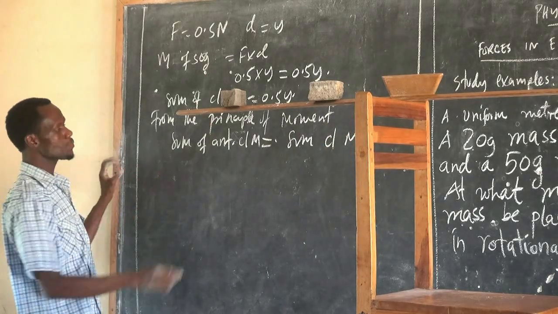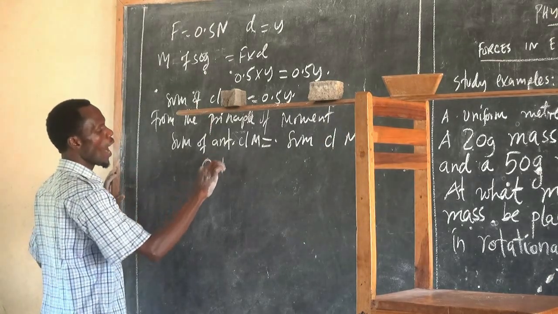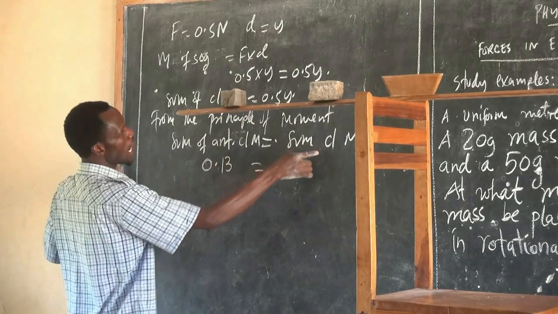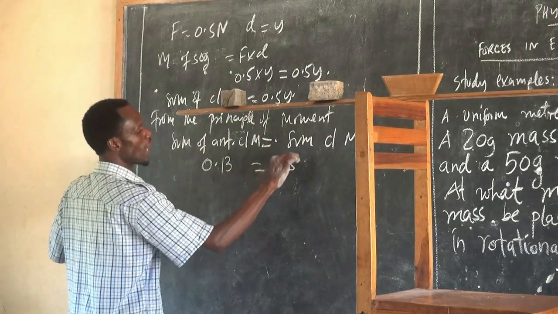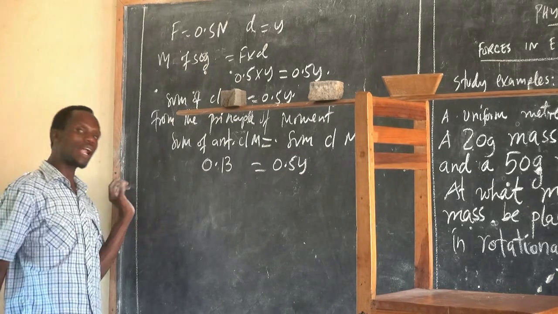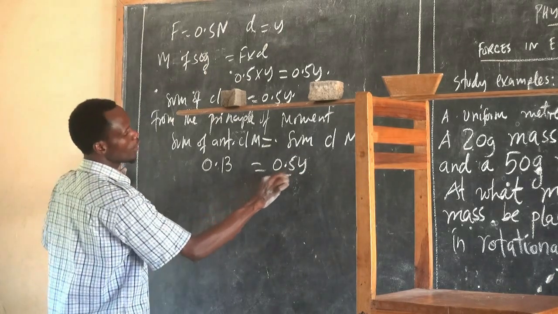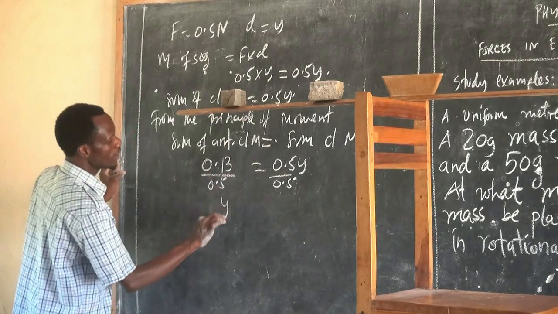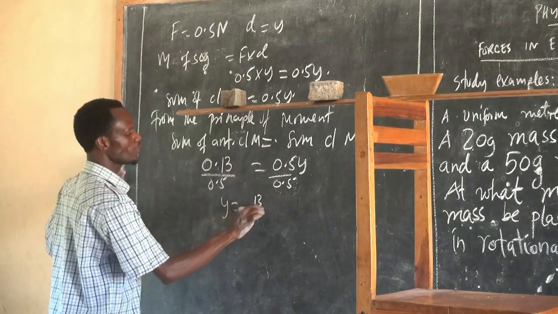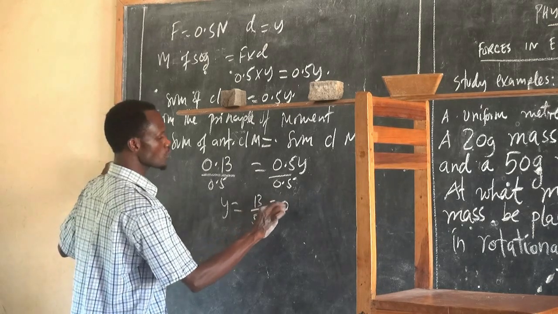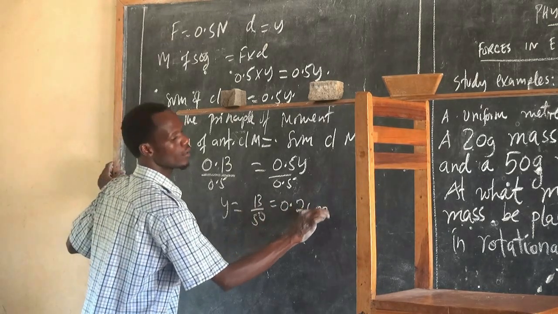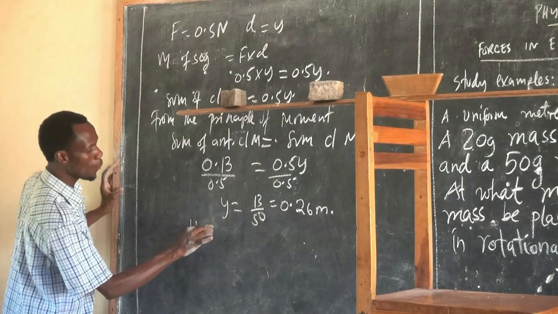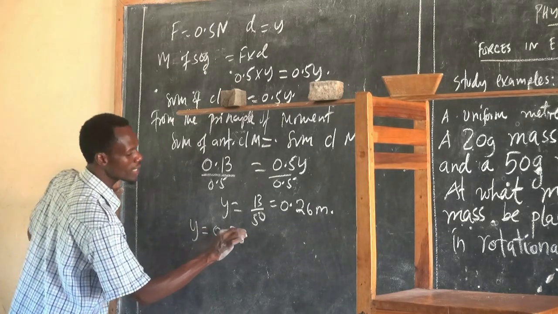The sum of anti-clockwise moment we have seen is 0.13, which is equal to 0.5y. Now we are looking for the value of y. We divide by 0.5. Now y is equal to 13 divided by 50, which is equal to 0.26 meter. Now the y distance is 0.26 meter.